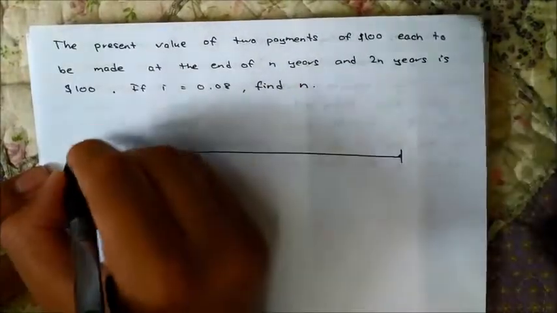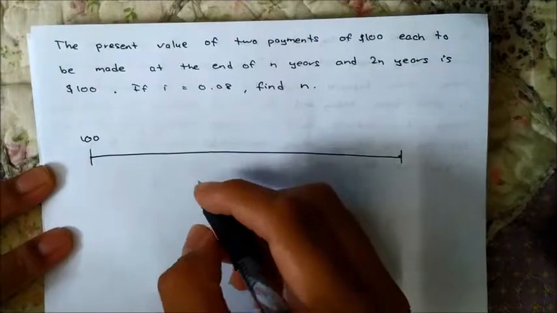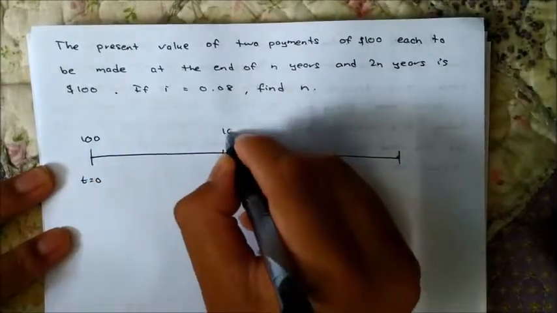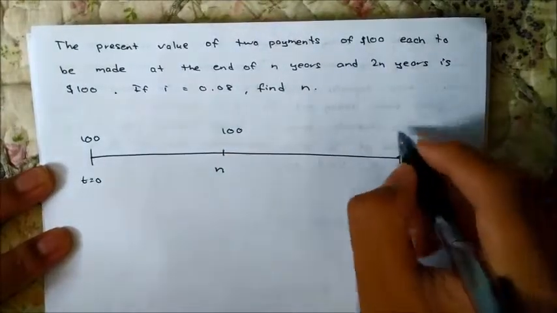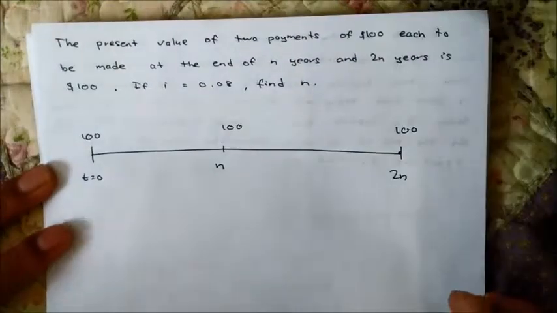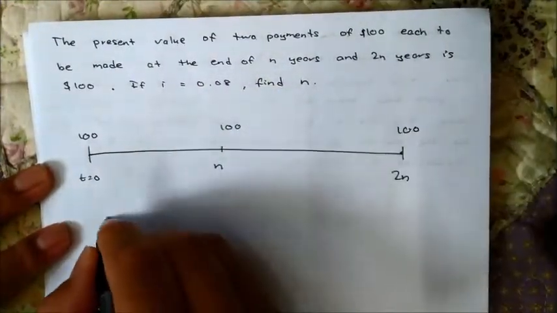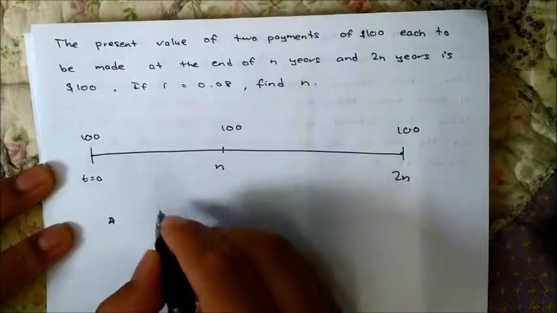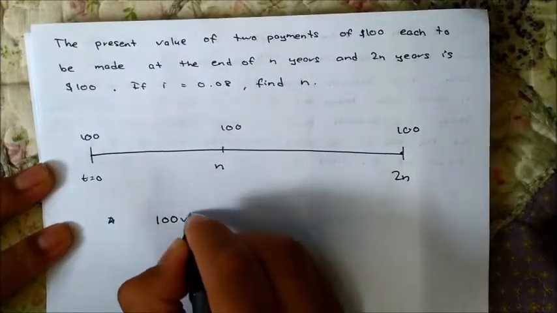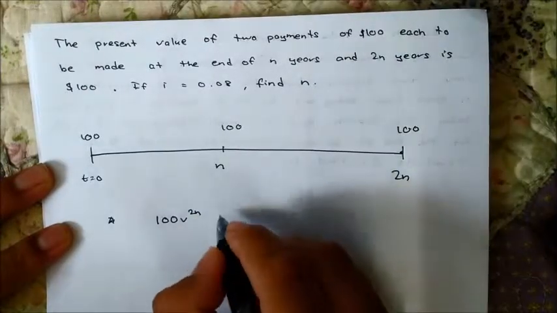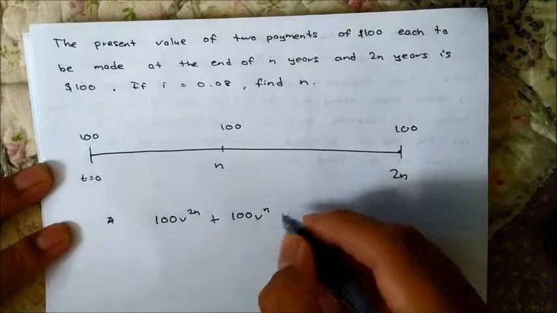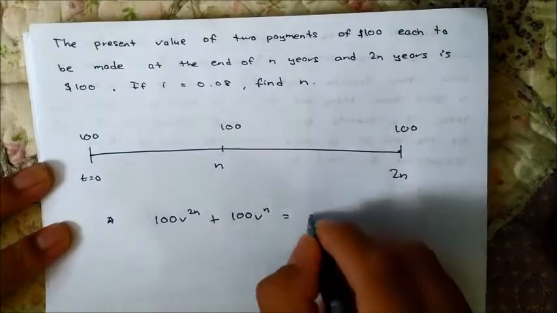So we will get 100 at t0 and 100 at time n, and then another 100 payment at the end of 2n. Since the question asks for the present value, our equation is going to be 100 v to the power of 2n plus 100 v to the power of n equals 100.